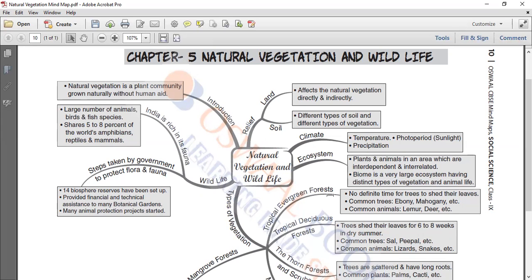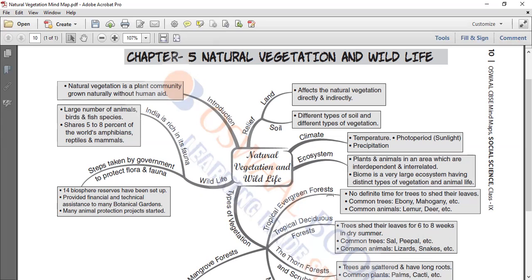The fish give us nutritive food. Insects help in pollination. So each and every species has a very important role in the ecosystem. So it's very important to conserve it, to protect it.